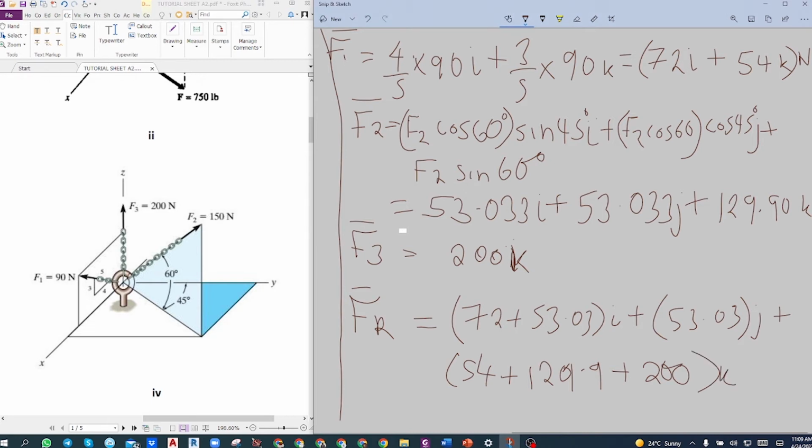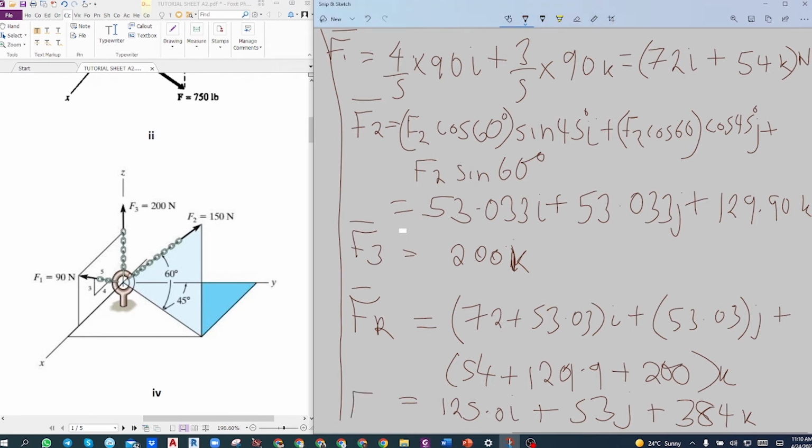This is the k, and the Cartesian form of the resultant is 72 plus 53 makes 125, we'll just leave it at 125 to one decimal place, and then plus 53j, and then plus 54 plus 129.9 plus 200, which is giving us 384k.